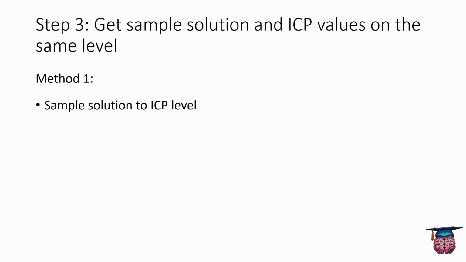Method 1 is where we want to work from our sample solution to our ICP level. So this means, for example, we want to work from a gram per 250 milliliter value to a milligram per liter value. This we can do in 3 steps. First off, we can take our sample mass per our sample volume, 2 grams per liter.